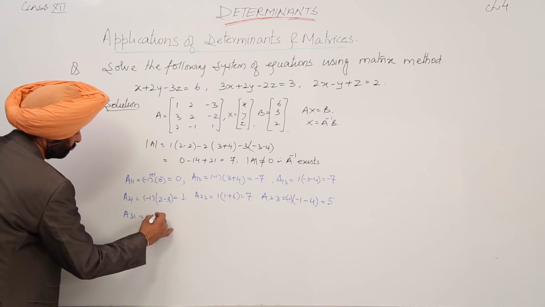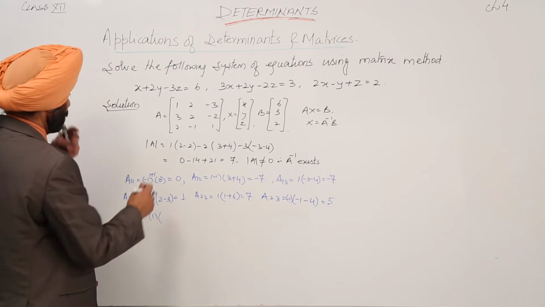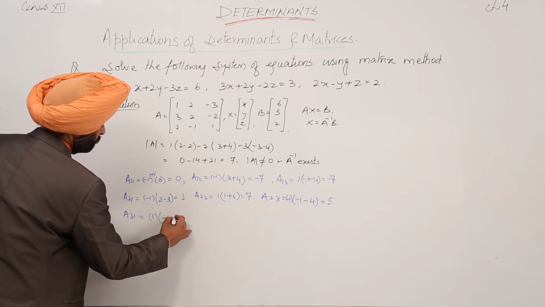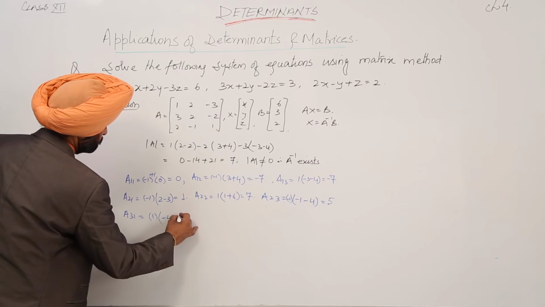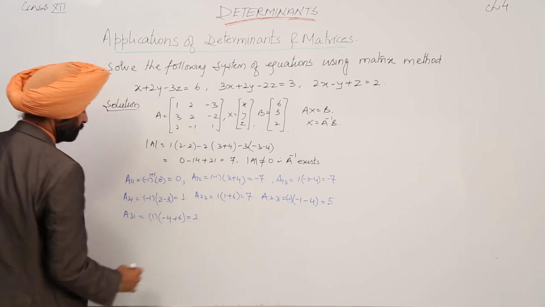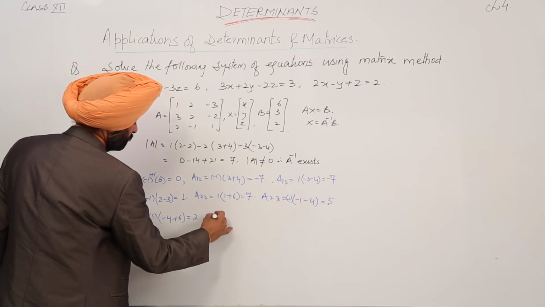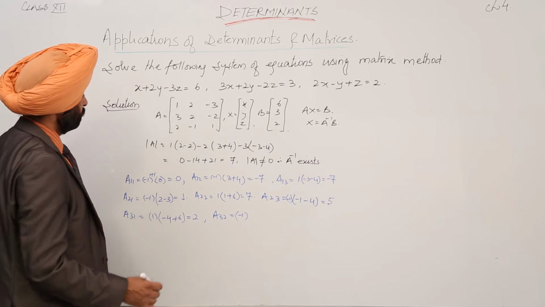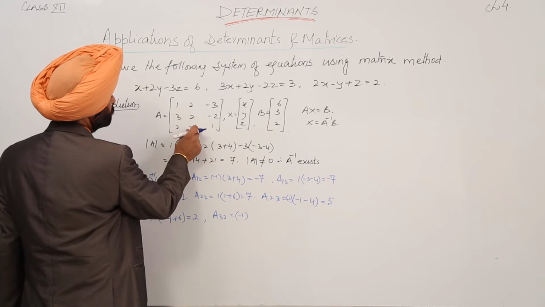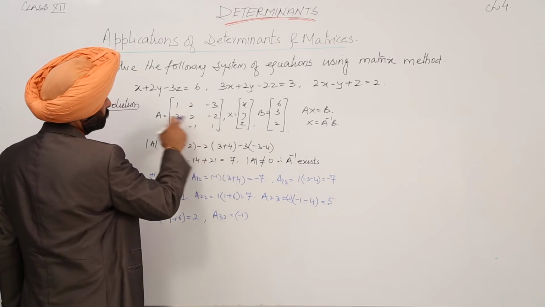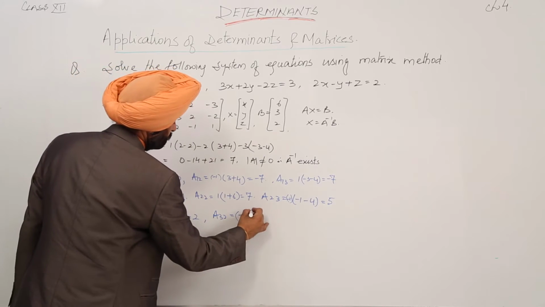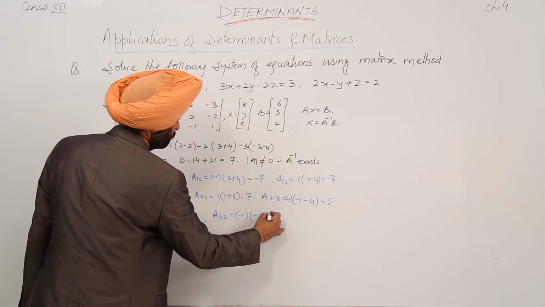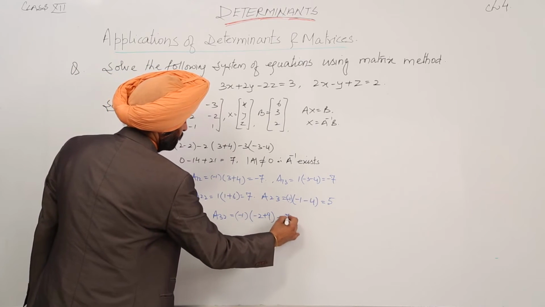Now A31 is equal to again 1 with minus 4 plus 6, this is equal to 2. A32 is equal to minus 1, with minus 2 plus 9, this is equal to minus 7.